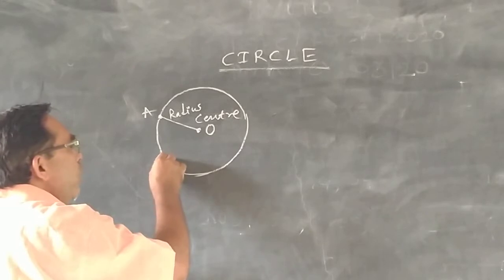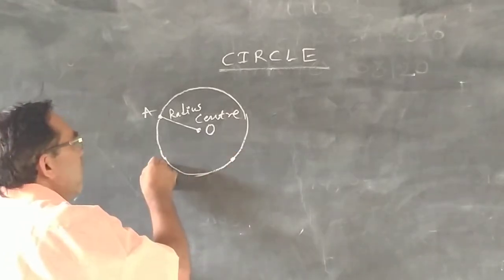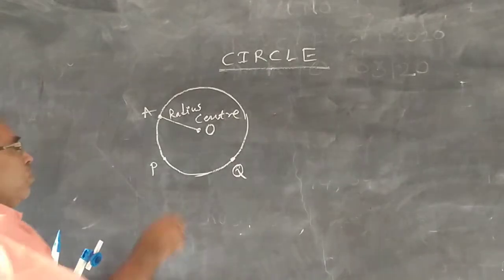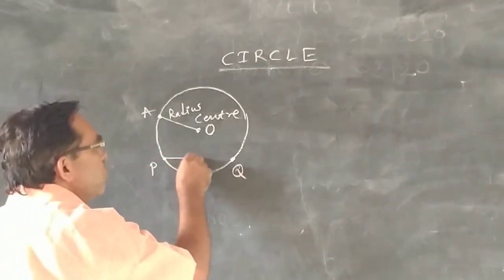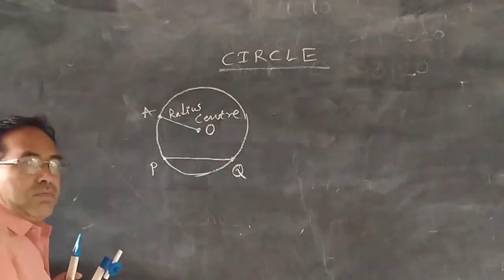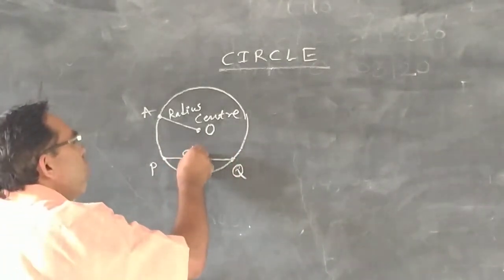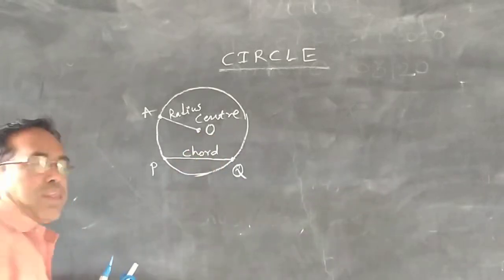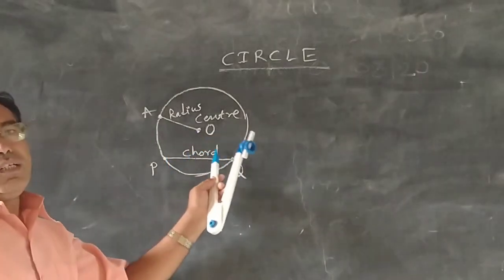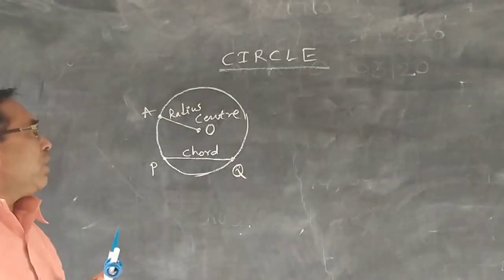And I take 2 points on this circle, P and Q. This segment PQ is called a chord of the circle. Do you understand? This PQ is called a chord of the circle.